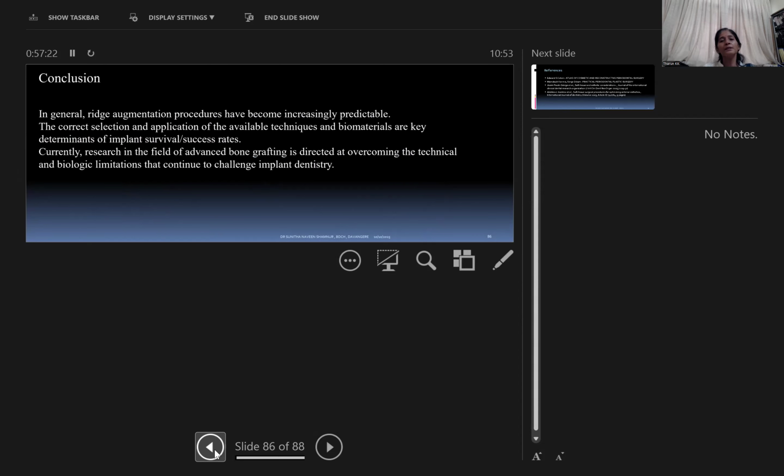But it also depends on the skill of the clinician who is handling it. So the correct selection and knowledge are mandatory. Currently, the research in the field of advanced bone grafting is directed at overcoming the technical and biological limitations that continue to challenge our implant industry.